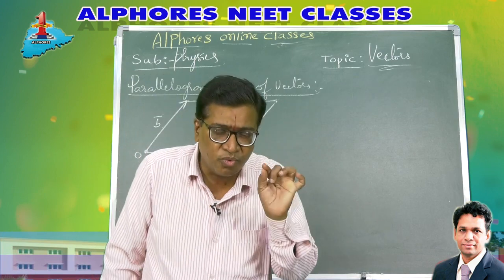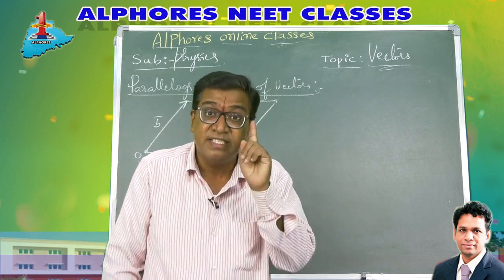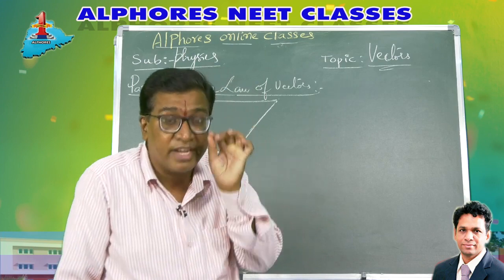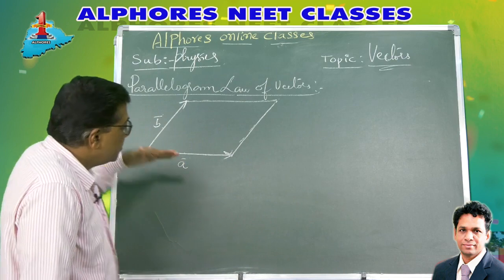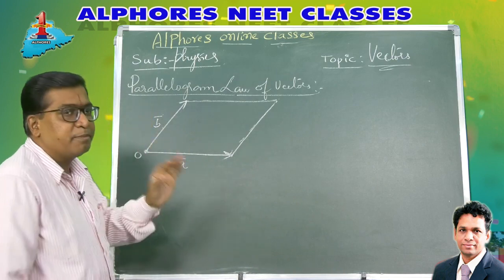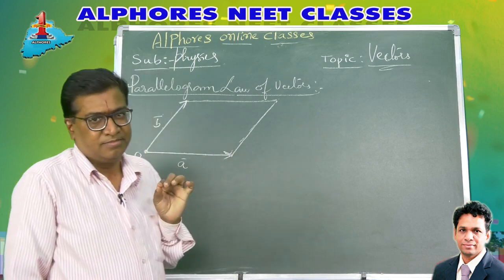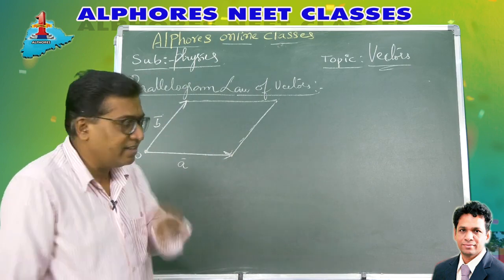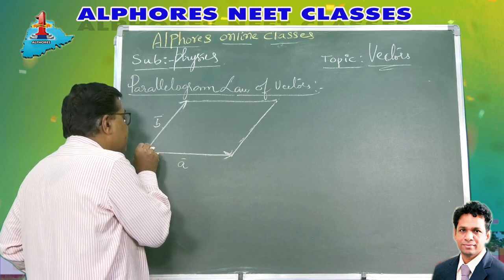So if two co-initial similar vectors, starting from the same point and belonging to the same physical quantity, are represented as two adjacent sides of a parallelogram in magnitude and direction, then the diagonal passing through the point of intersection of the vectors represents the resultant vector.